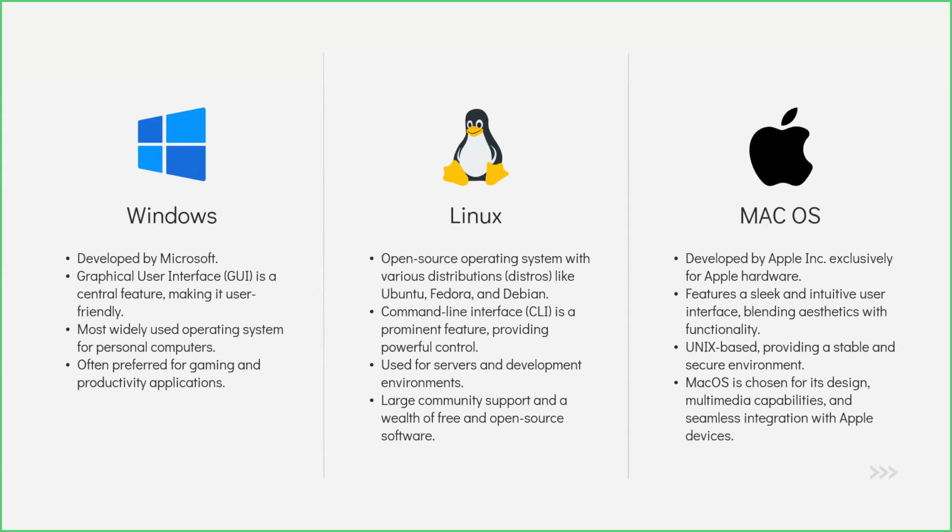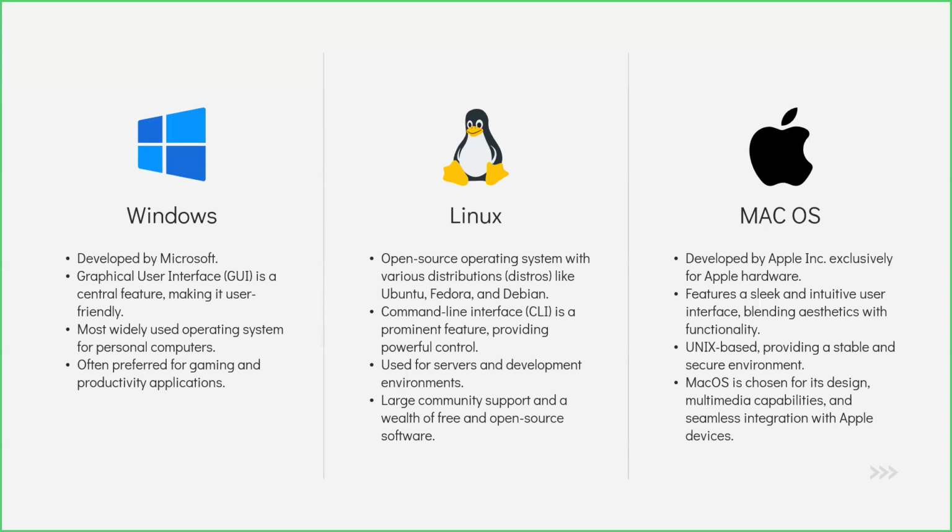And there's one more category of operating systems, which was invented in the beginning days of Apple: the Mac OS, specifically built for Apple hardware. The main feature of this OS is its sleek and intuitive user interface. It gives you that niche look, which makes it look very good compared to the other operating systems. It works on the basis of Unix itself.